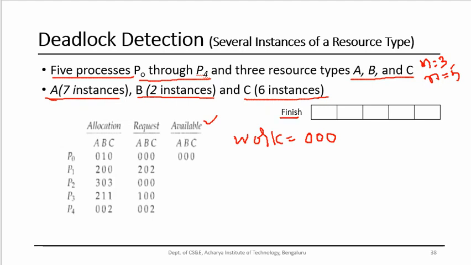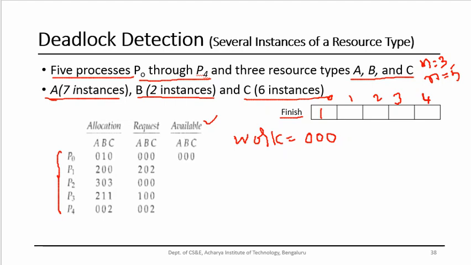And what do we do? See, we look at the allocation. If the allocation is not equal to 0, that is some allocation is made to these processes, that means there could be a chance that all these processes could participate in the deadlock. So we will make the finish of all these processes equal to false, that is process 0, 1, 2, 3 and 4.